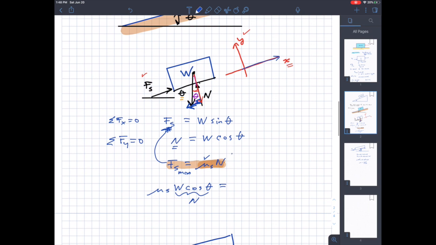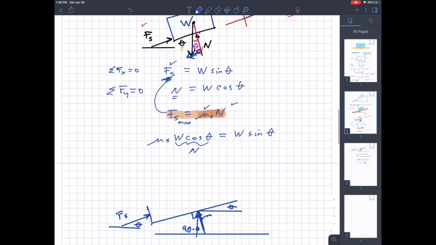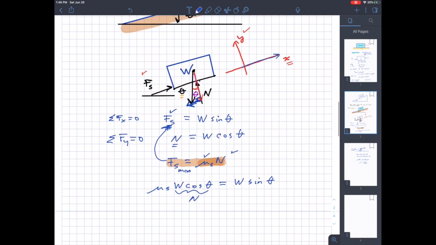That's just the maximum friction equation that's right here. This is equal to W sine theta. So I'm actually right where I need to be. I can now solve for mu s.